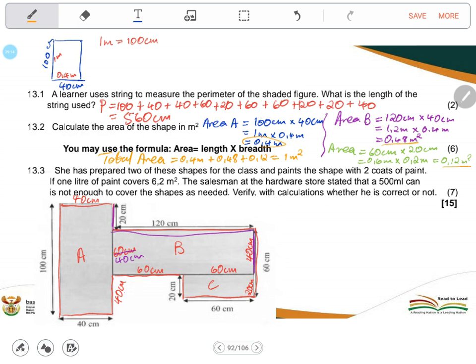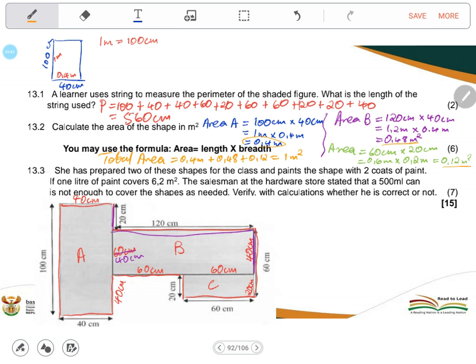In 13.3, she prepared 2 of these shapes for the class and paints the shape with 2 coats of paint. So there are 2 shapes, okay?